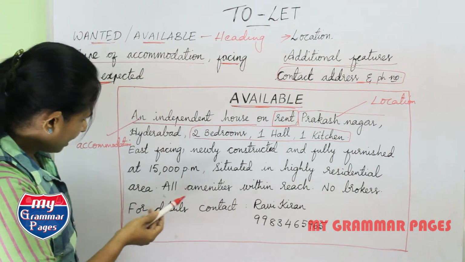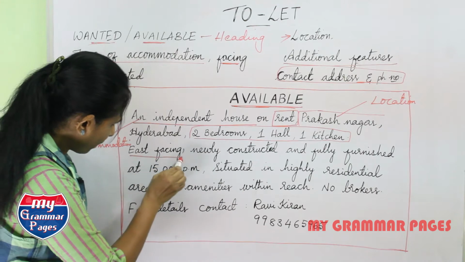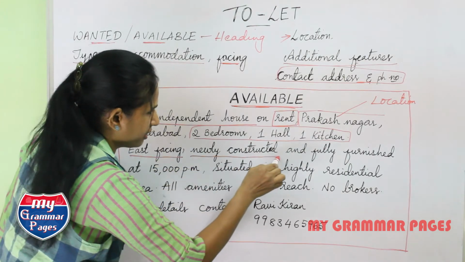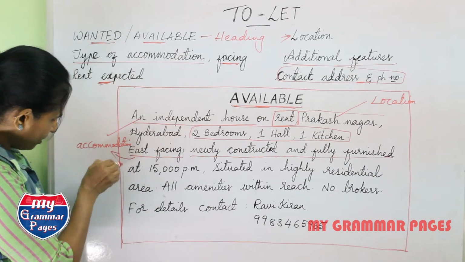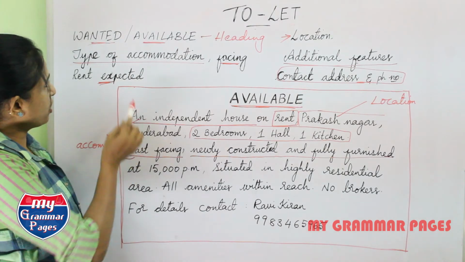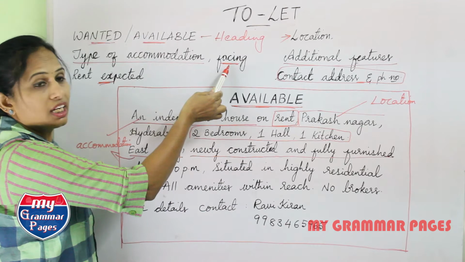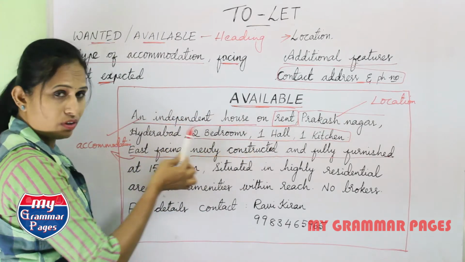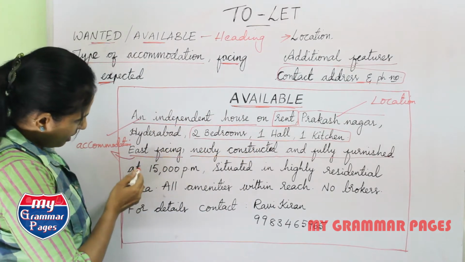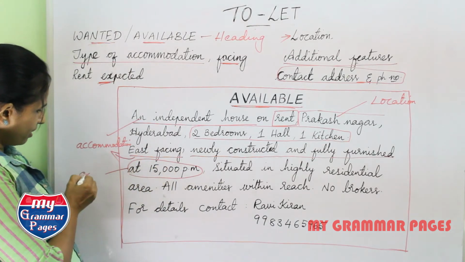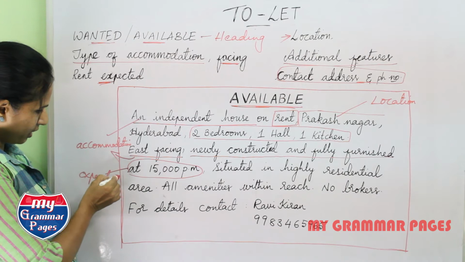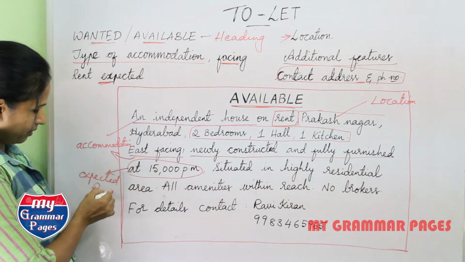And let me go forward. This is east facing, newly constructed and fully furnished, and these also come under the features of accommodation. Under features of accommodation, we have taken even the facing, and we have covered all in that. And here I have mentioned 50,000 per month. This becomes the expected rent.